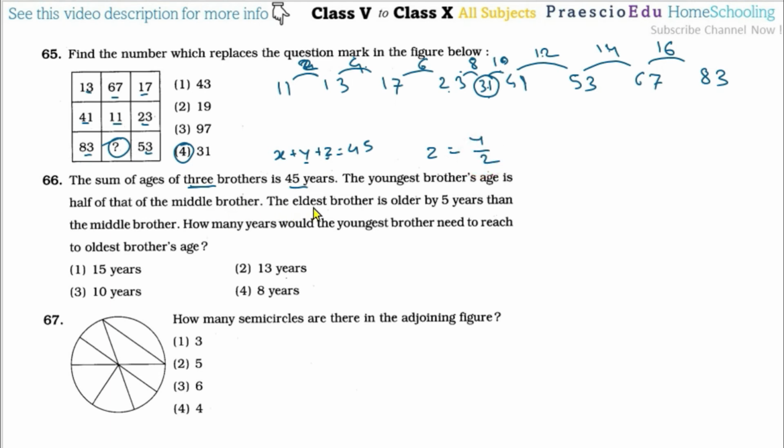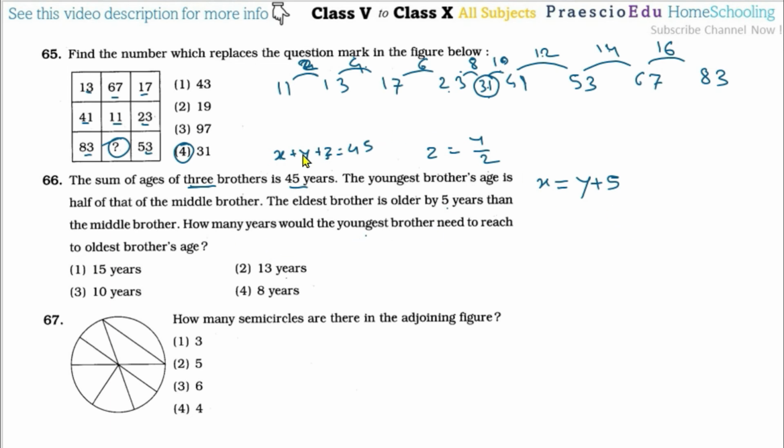The eldest, X, is older than the middle one by 5 years, so X is Y plus 5. Then how many years would the youngest brother Z need to reach the older brother's age? That is just the difference.